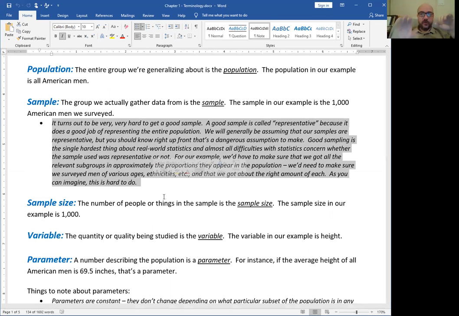For our purposes, we're just going to assume that our data is always good, which is a wildly unjustified assumption. The number one difficulty in real world professional statistics is getting a good sample. And we're going to ignore that because the first thing we have to do is learn how to analyze the sample before we start talking about whether it's any good, because you have to do analysis on it to figure out if your sample is any good.